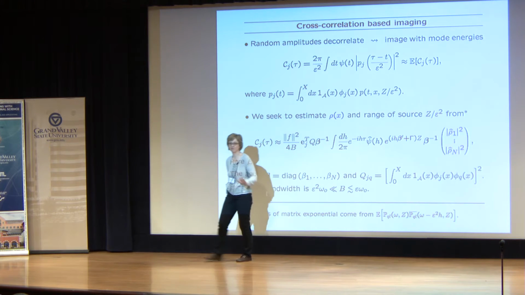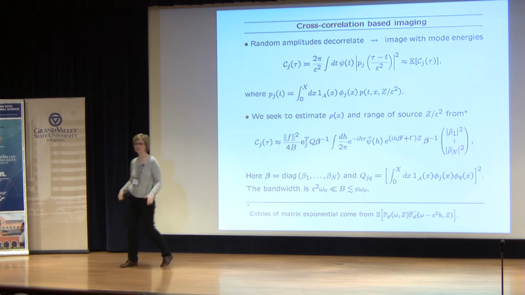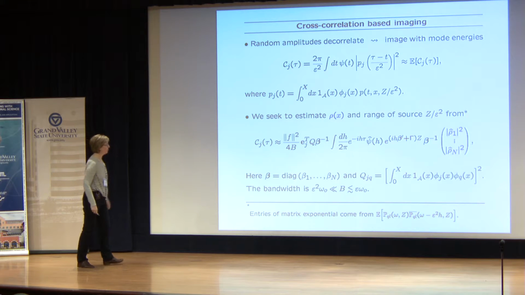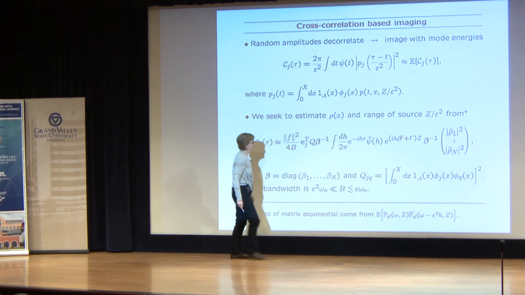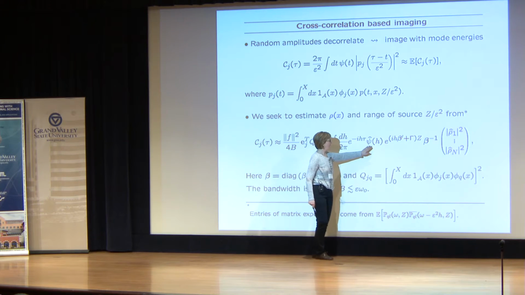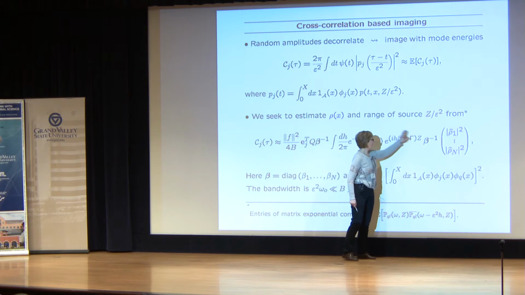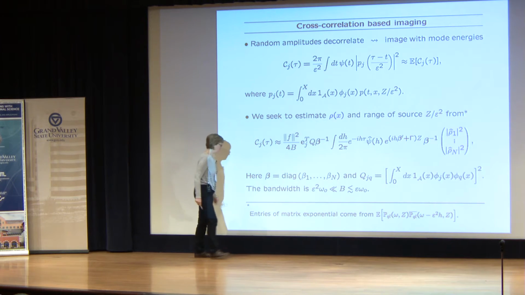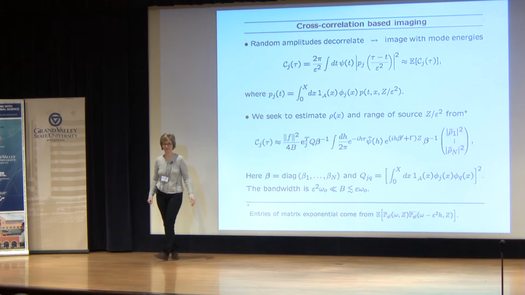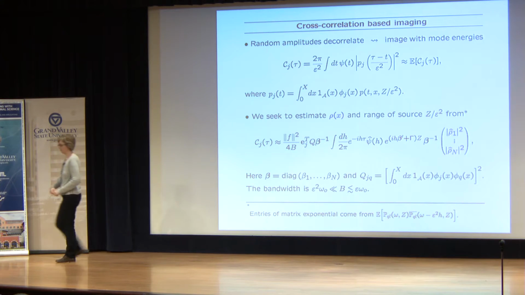Okay, so you should think of Q as just a coupling of the modes because of the aperture. It's not really important. You may think of it as the identity. And here is the window function that we have. And here is the stuff that comes from the statistics. So that is the second moment of the propagator matrix that comes out of that diffusion theory.